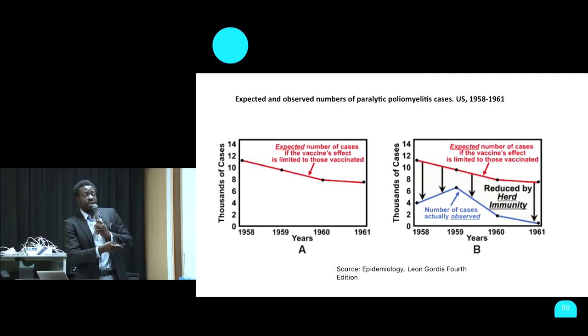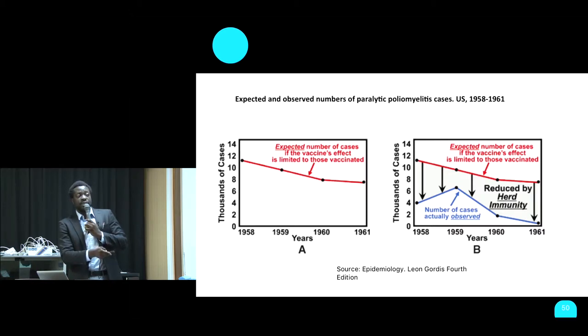This is showing the expected number of cases for polio vaccination in the US between 1958 and 1961. So it shows the expected number if the vaccines protect only those who receive the vaccine. We will have this number of reported cases. But in reality, the number of reported cases was much lower here.